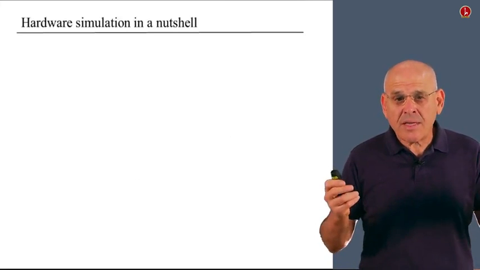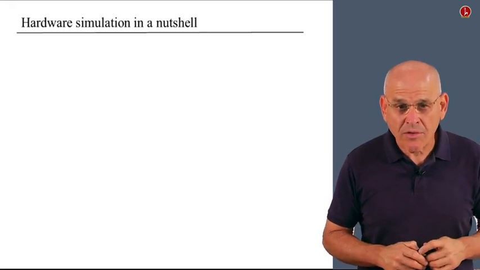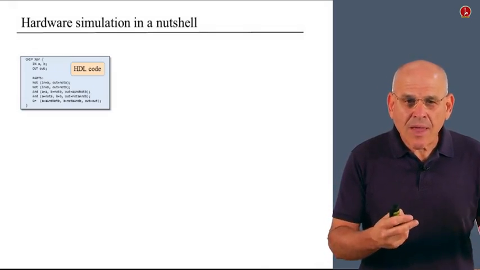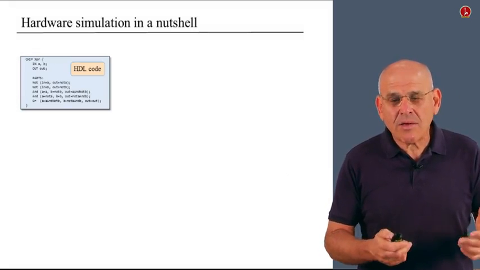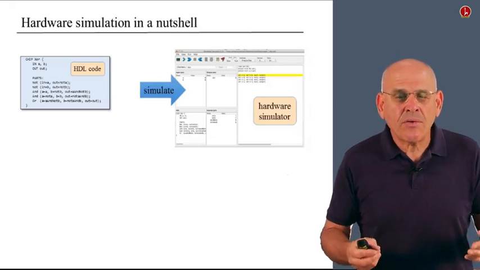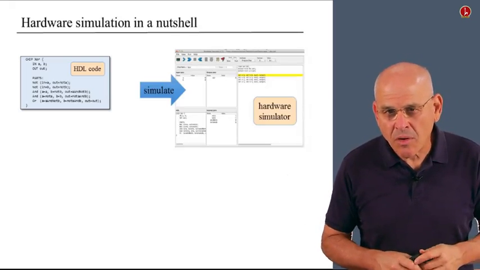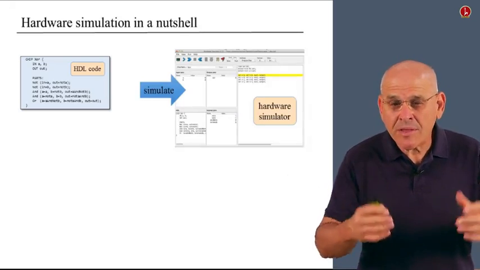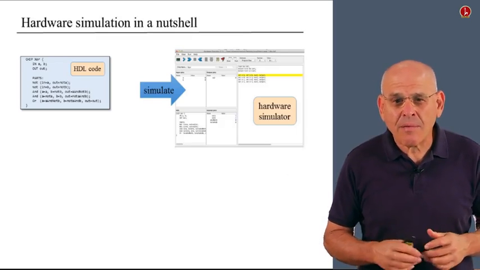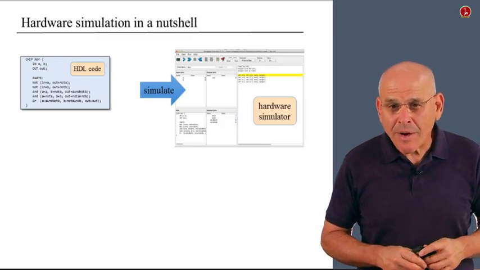Now, here is the big picture of what we're going to do. Given that we have a particular HDL file and we want to test it, we can load it into a special program called the hardware simulator. We have written such a program and made it available to you on our website.